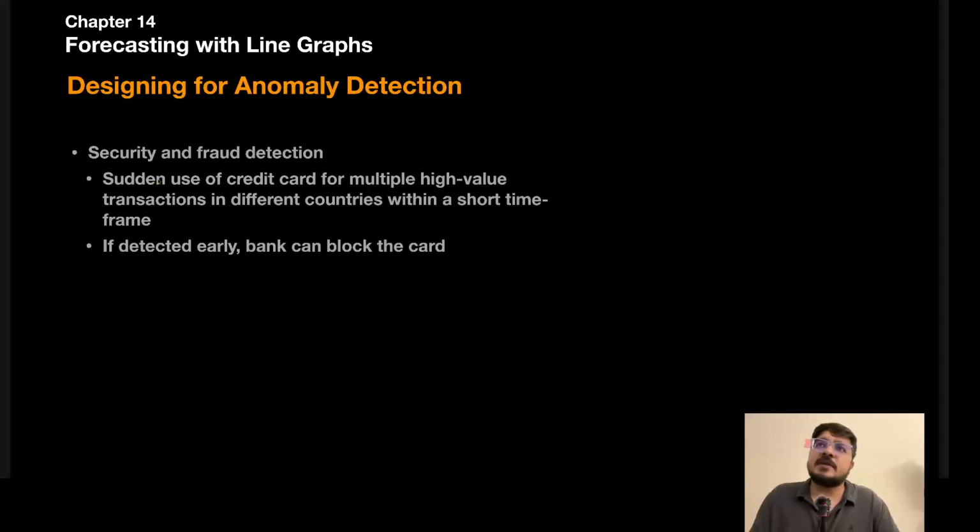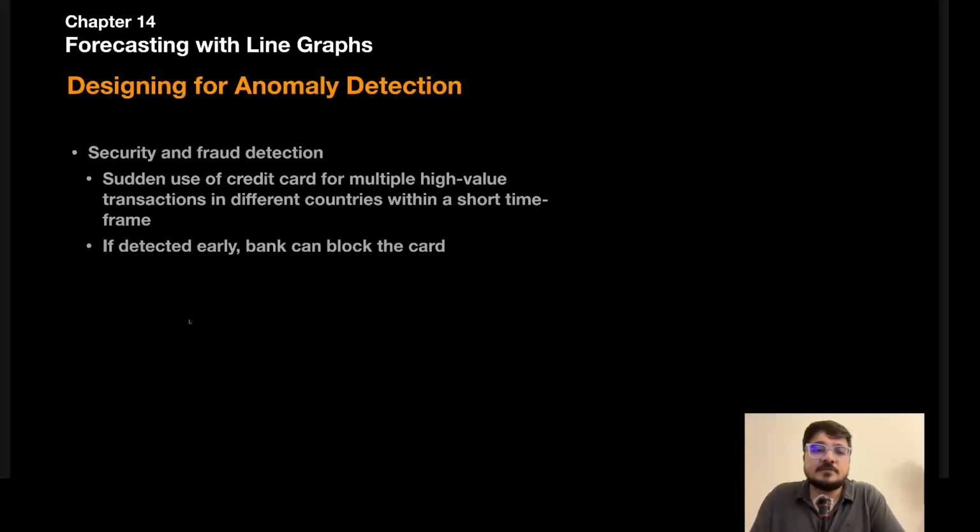Then there is also security and fraud detection. A lot of patterns, like you must have heard about a credit card getting stolen and then being used at many places in a short amount of time. That's what a thief is going to do, right? He will drain all the money from that card if he gets your password and everything.